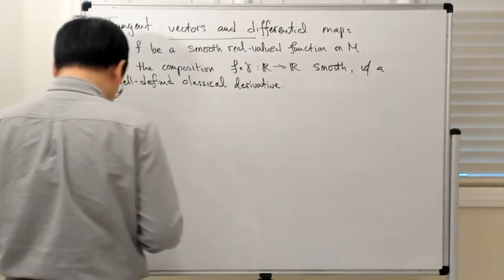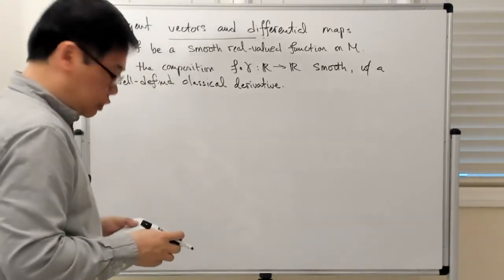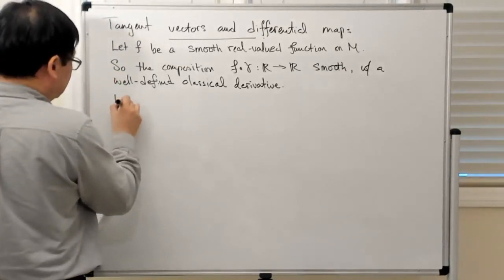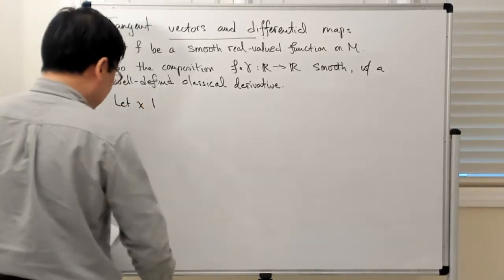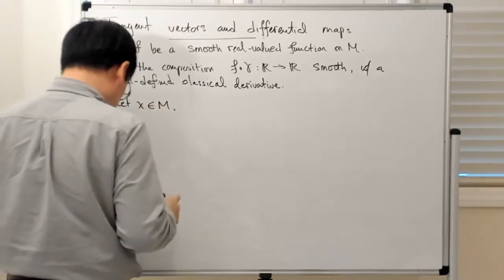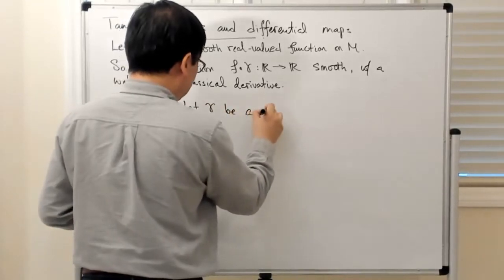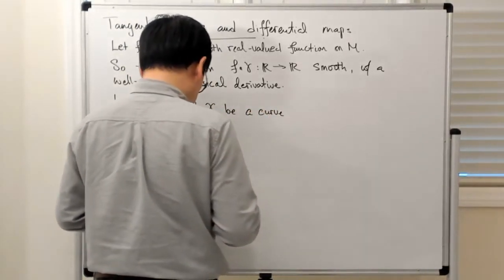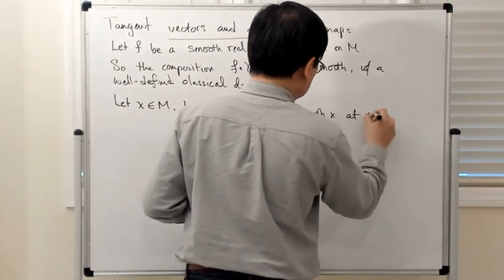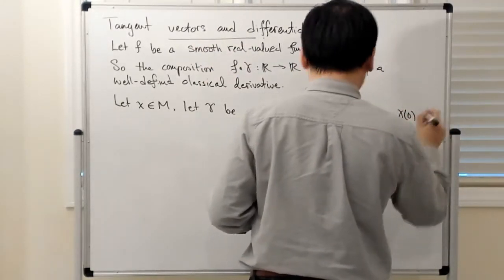So we're going to use this in order to make sense of this notion of a tangent vector more precisely. Let x be a point on the manifold, so let x be an element of M, and let gamma be a curve which goes through x at t equals 0, so that gamma at 0 is equal to x.